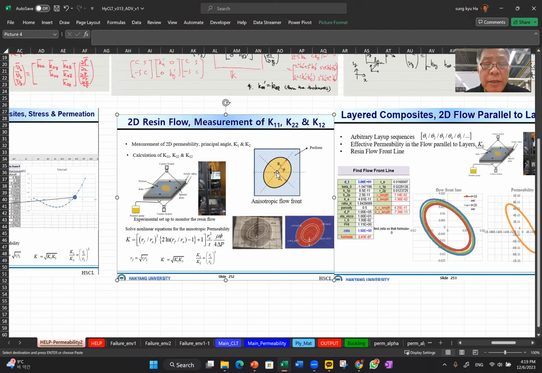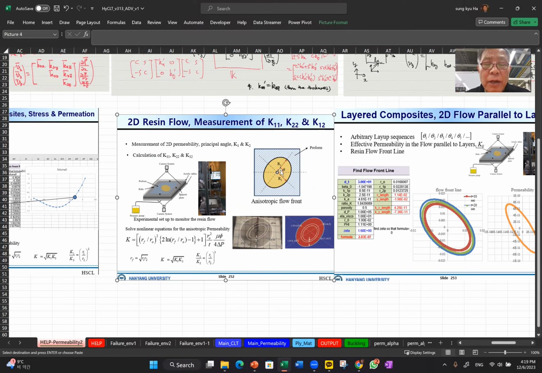Say at the center, we have a resin source input, and then we have a certain laminate, and the resin will flow in every direction. At all the boundaries, we have a pressure of zero, vacuum, and the resin source will be at the center.